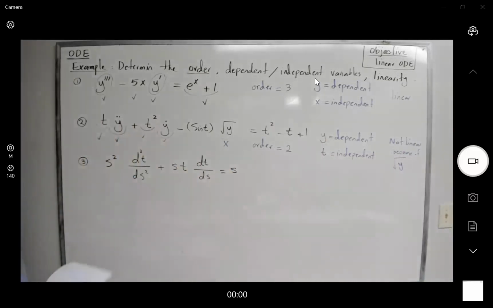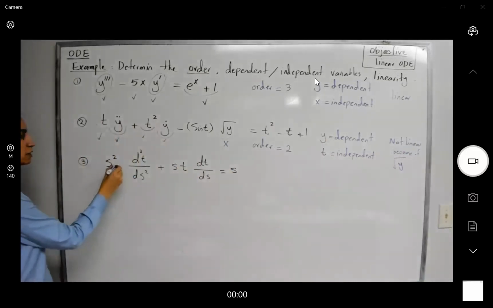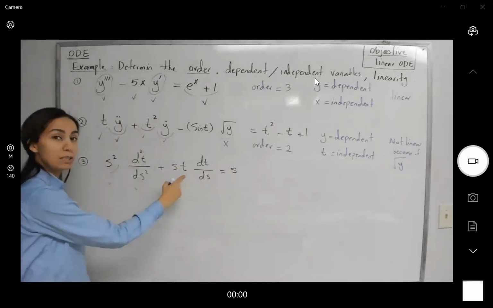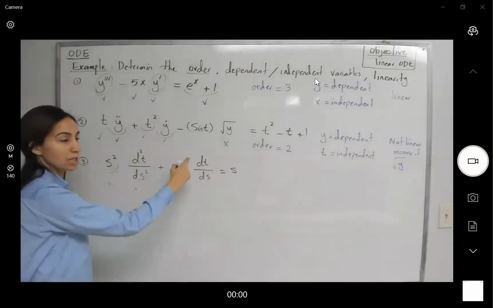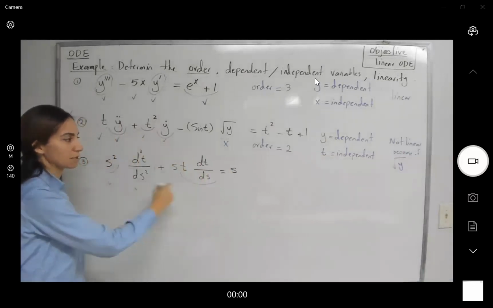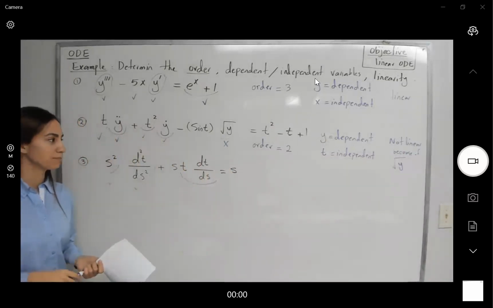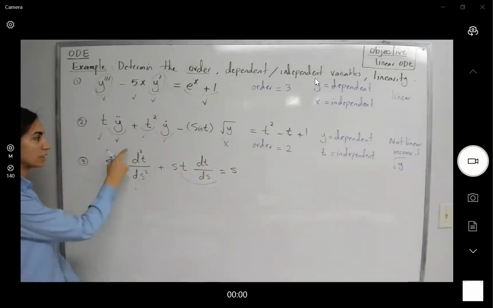What do we have? We have s squared times the second derivative of t. We're good here. But here we have t times the derivative of t. This is the red flag that causes the differential equation not to be linear. What is the order? The order is 2.